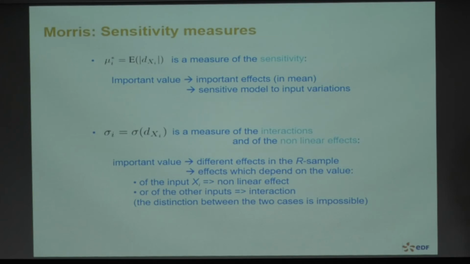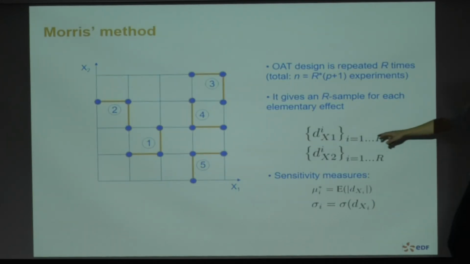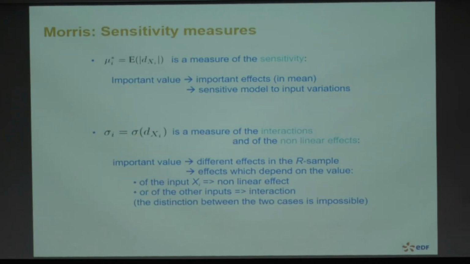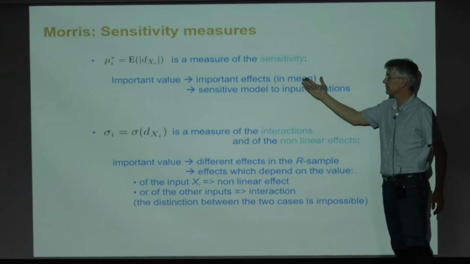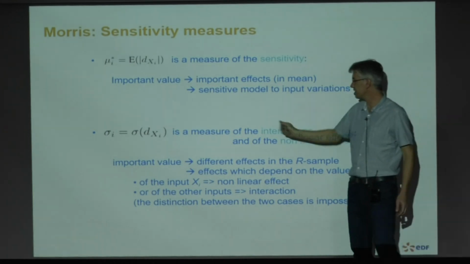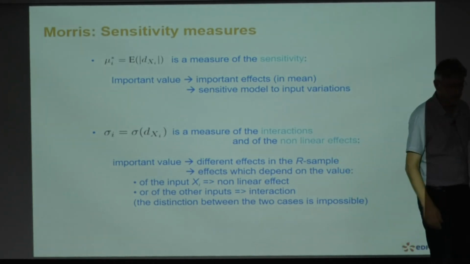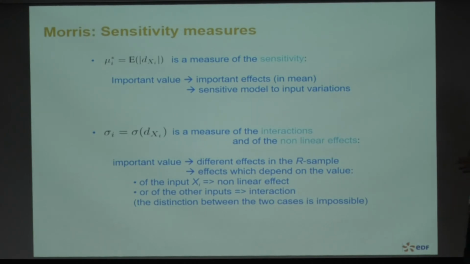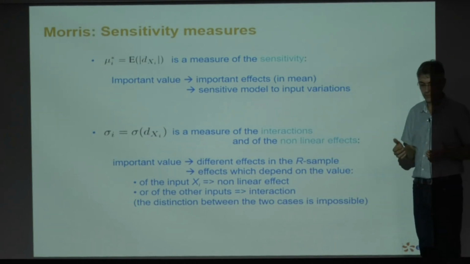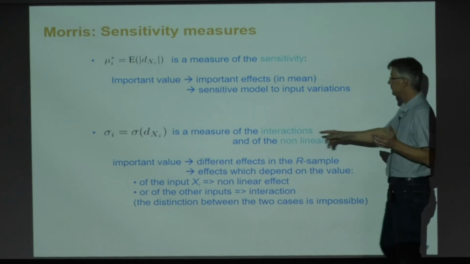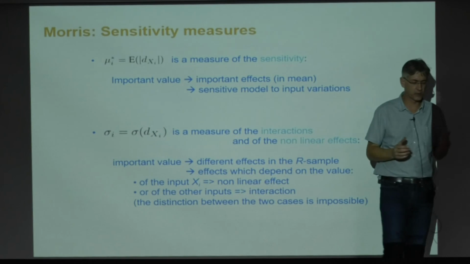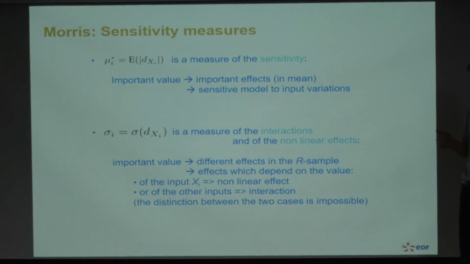If you have a lot of elementary effects which are large, you have a large mean, so it means that this input is influential, has important effects in mean. And the standard deviation is a different measure, a measure of interactions or nonlinear effects, and we cannot distinguish between them.